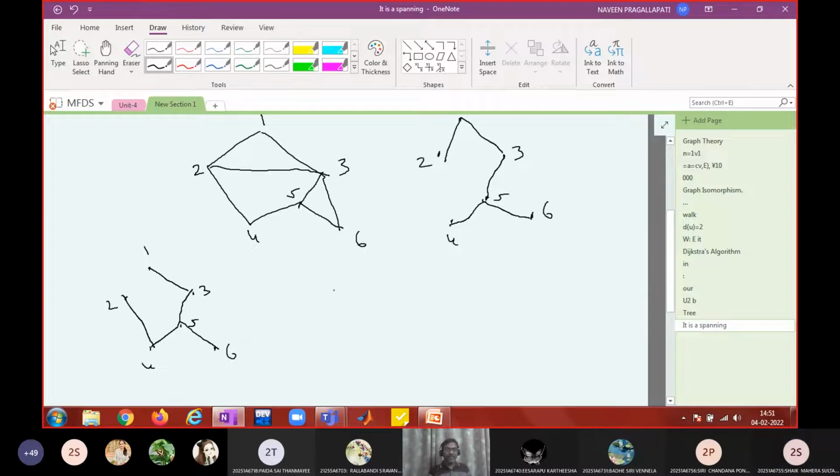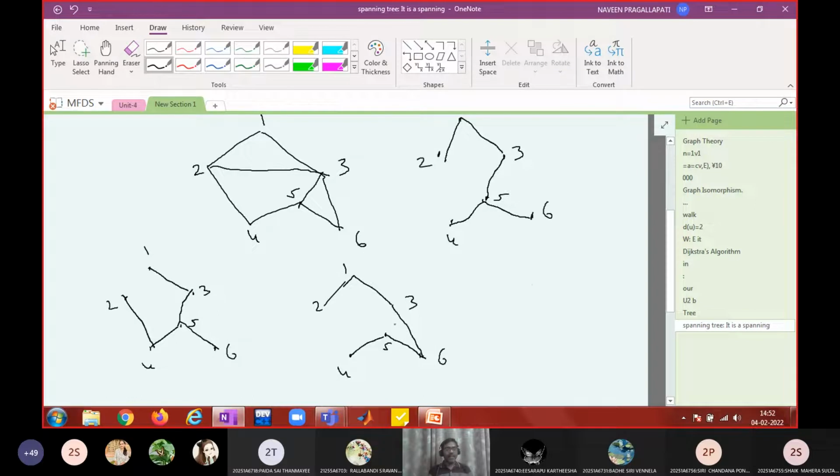Another spanning tree I can draw like this. So in a graph, there can be several spanning trees. Do you agree? Previously I have taken like this, or I can take like this. So 1, 2, 3, 4, 5, 6. It can be like this also.